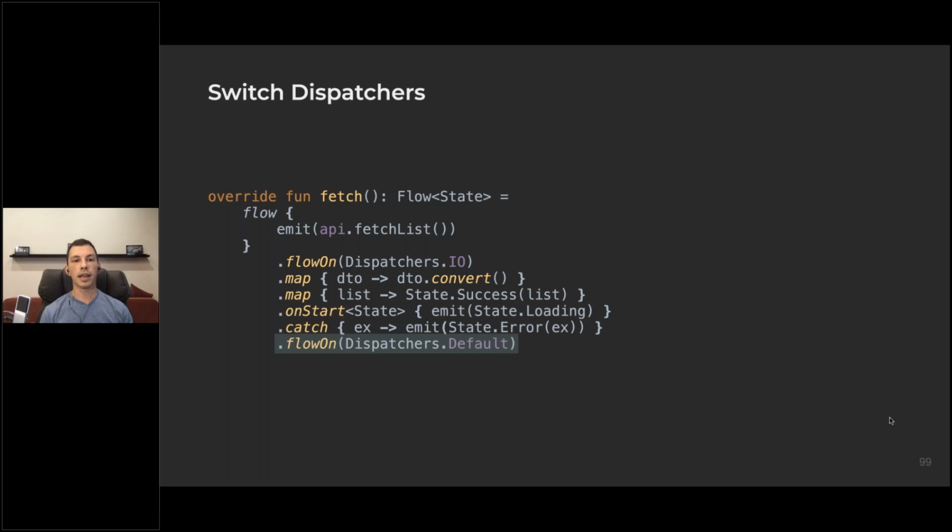And this operator will affect all of the lines above, before we face the next flowOn operator. So everything that is highlighted is executed in the Default dispatcher, then we change the dispatcher to IO and call the API in the IO dispatcher. Pretty simple.